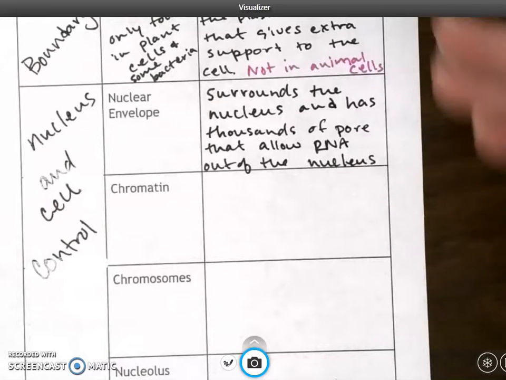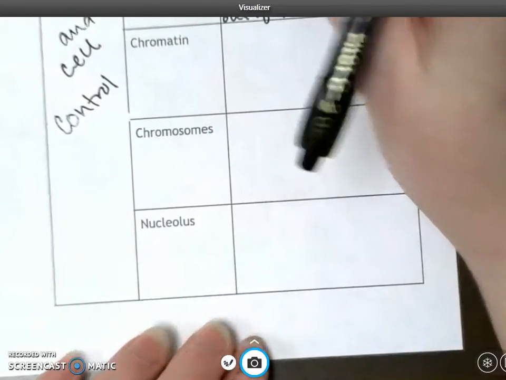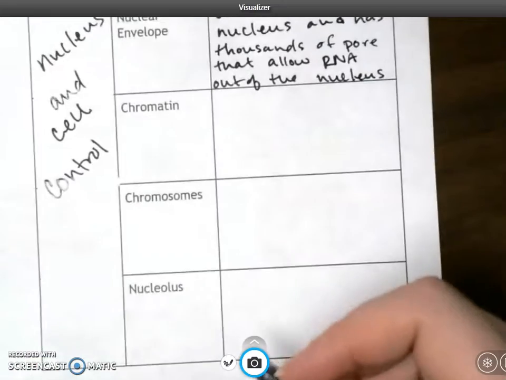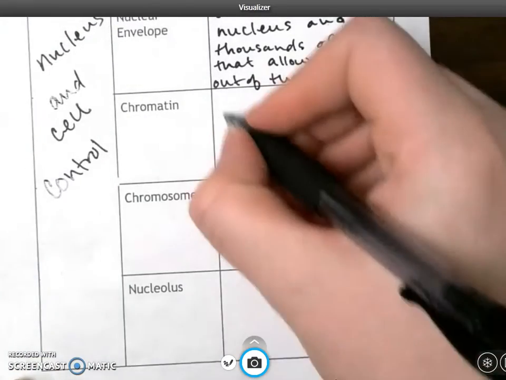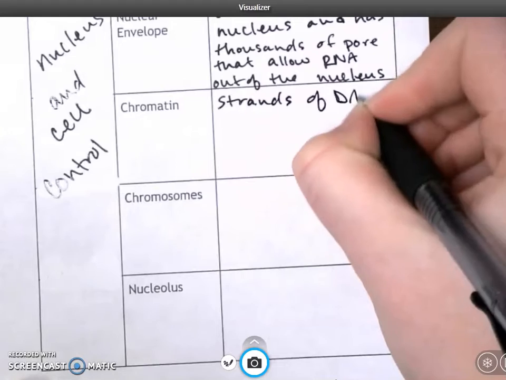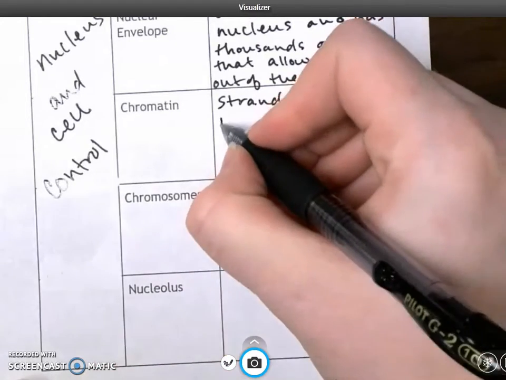Okay, next we have chromatin. Chromatin are strands of DNA located throughout the nucleus.